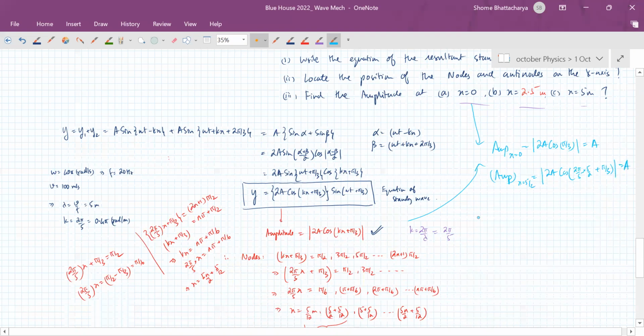This will again become A. Whereas the amplitude at the point x equal to 5 will become 2a cos, so again it will become A. So all these 3 points have amplitude A.